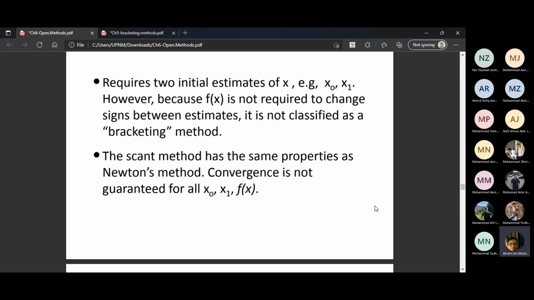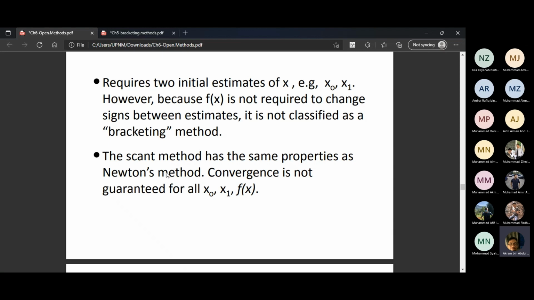So it requires two initial estimates, x0 and x1. However, because f of x is not required to change sign between the estimates, it is not classified as a bracketing method. So we classify this as an open method.